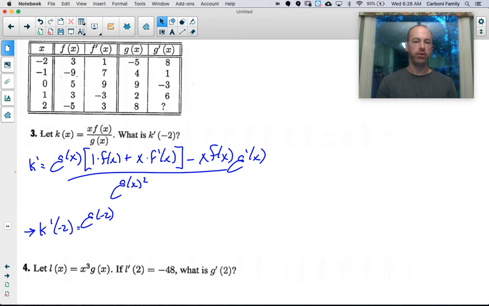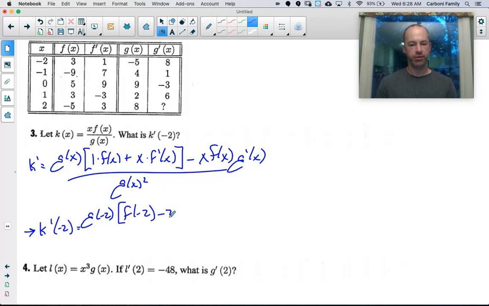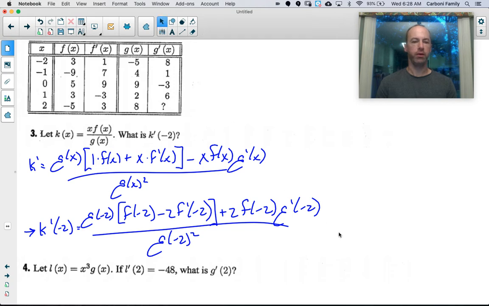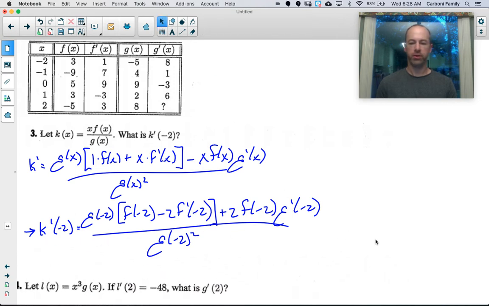All right, so g of negative 2 times 1 times f of negative 2 plus negative 2 times f prime of negative 2 minus negative 2, which will be plus 2 f of negative 2, g prime of negative 2, and then all of that over g of negative 2 squared. And, whoa, that's not what I meant to grab.